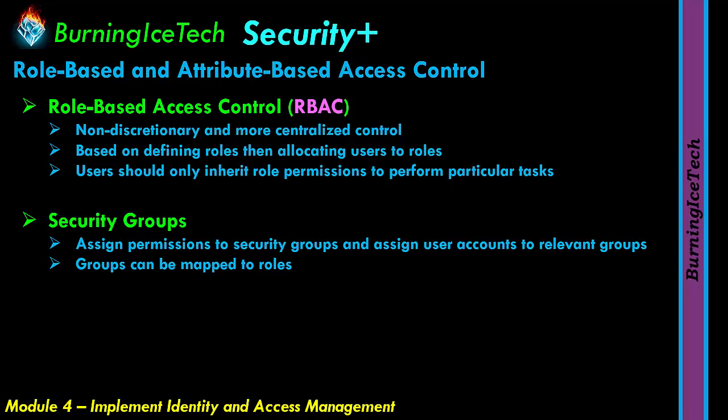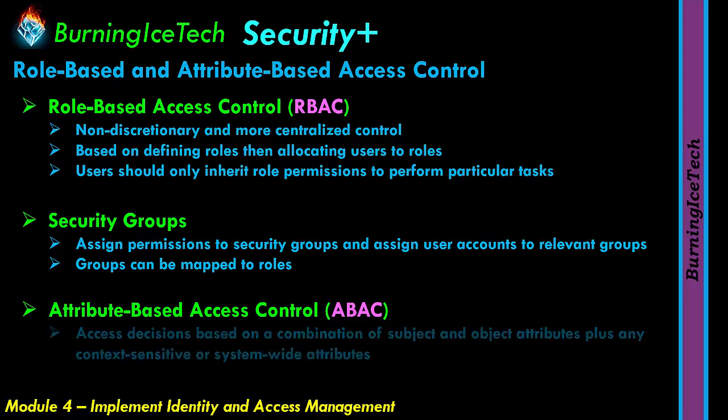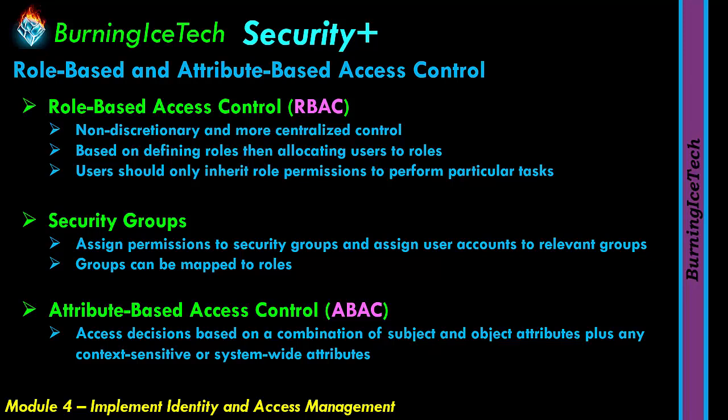It is possible that groups can be mapped to roles in case you need to do that. And before we close this topic, guys, as for attribute-based access control, like I said earlier, this is referred to as ABAC for short. Now, with attribute access control, access decisions are based on a combination of subject and object attributes, plus any context-sensitive or system-wide attributes.